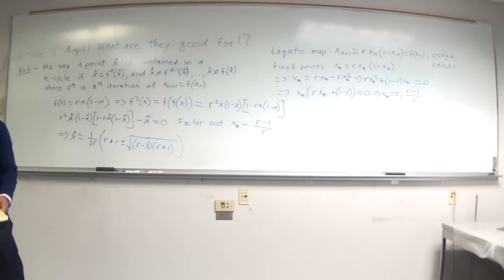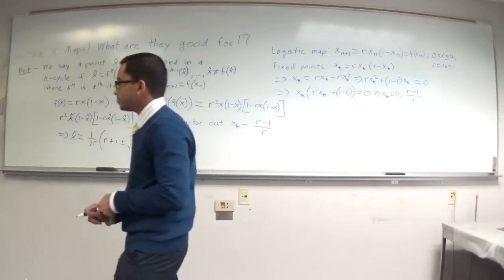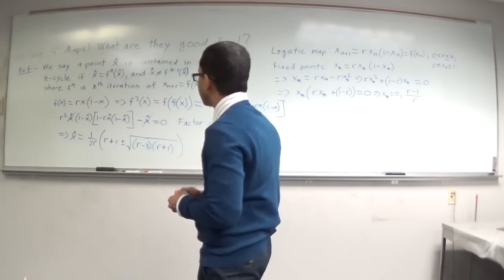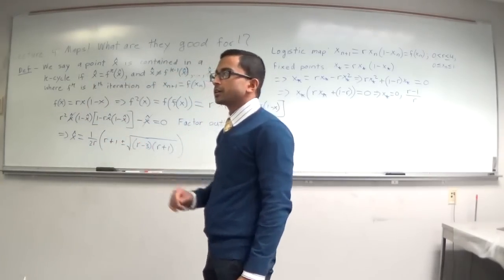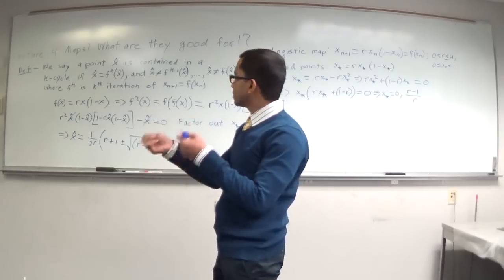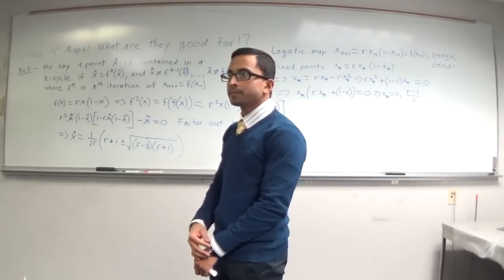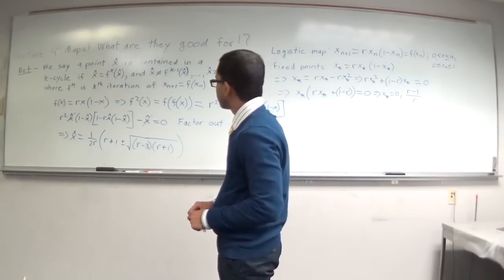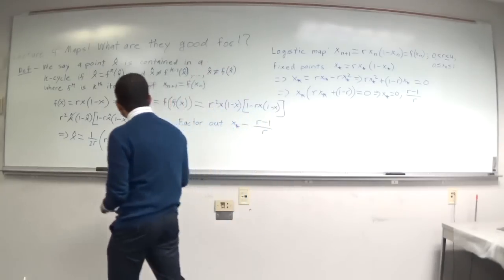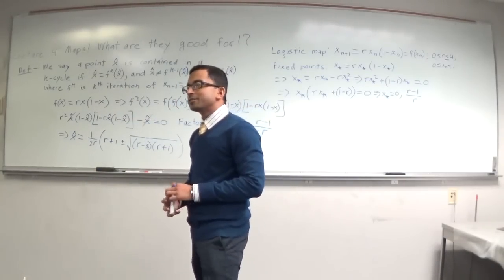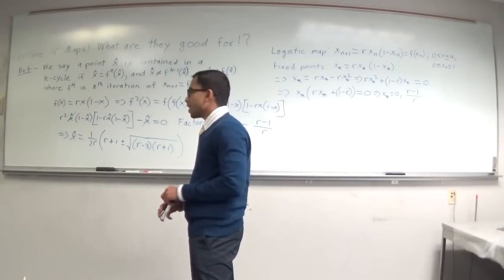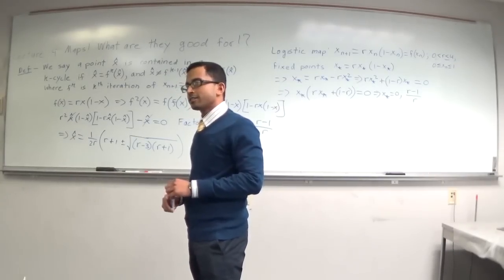So we get that. Those are the 2 points that are contained in this 2 cycle. It's going to be bouncing between these 2 points. But what do we notice about this? Do we notice anything about what happens if we change r?